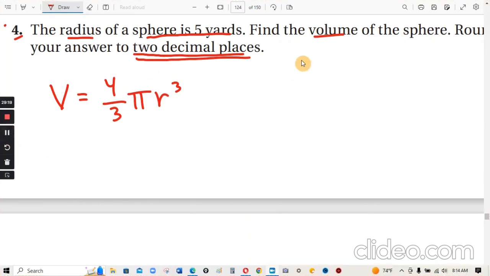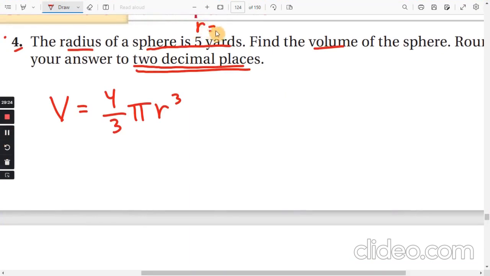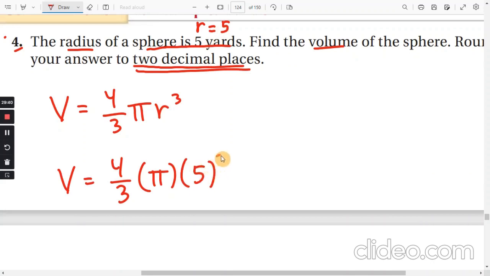All right, it said the radius is 5 yards. Okay, so r is going to equal 5. So in the formula here, we have 4/3 times pi times r cubed, so that's going to be 5 to the 3rd power. They said we can round off, so I'm going to do 4 times pi times 5 to the 3rd, hit equals, and then divide by 3 at the end.